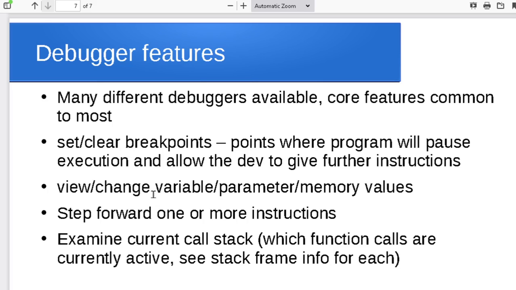Most debuggers, once you hit one of these breakpoints or pause points, will allow you to look at what your variable and parameter values are. They'll allow you to look at values that are stored in different spots in memory, and maybe to tinker with them, to change them. If you look at something and say, well, this pointer should actually be null when I get here, set it to null, and then see if the program behaves normally from that point.